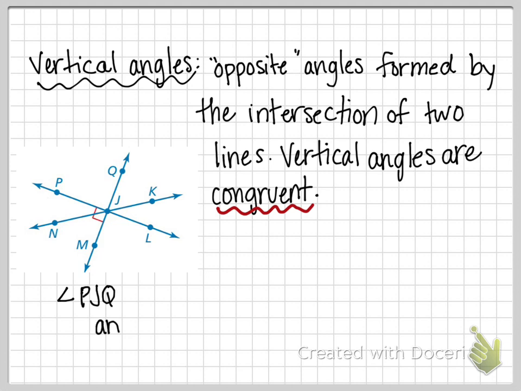And MJL. MJL, yes. Okay, let me just highlight those on our figure so we can see. He said PJQ, right? And then its vertical angle is MJL. Okay, those are opposite angles.